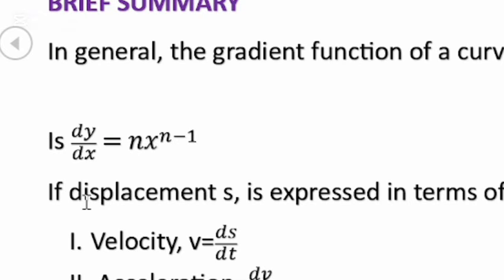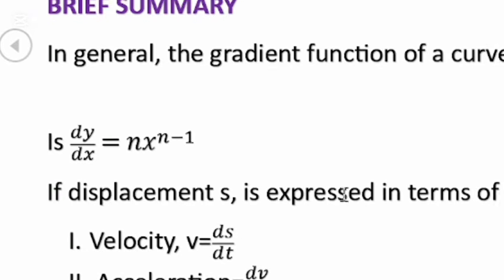So in general, how to read this dy over dx is that we are going to differentiate y with respect to x. With respect to x means that we are going to differentiate only values with x as their coefficient.